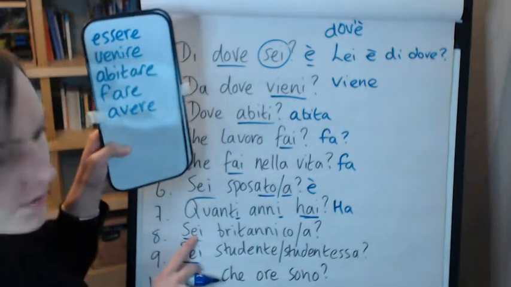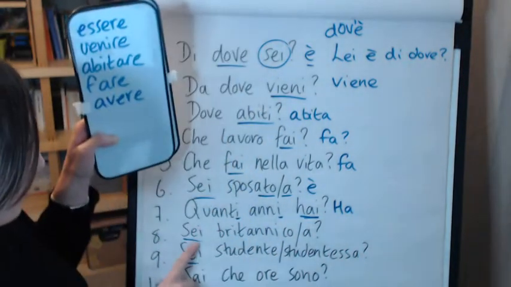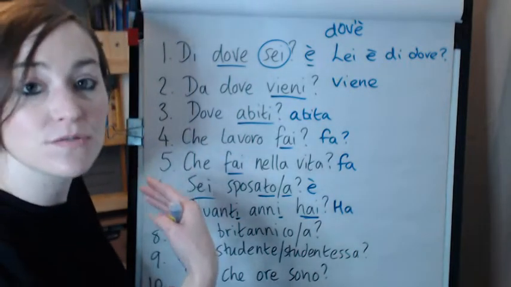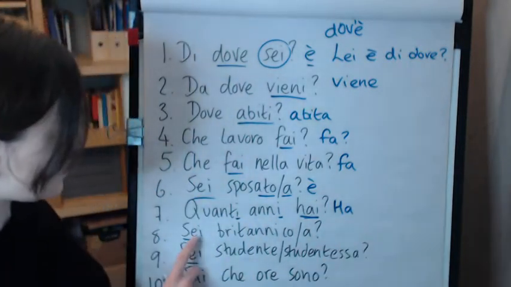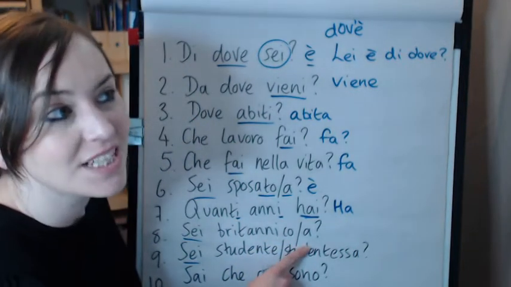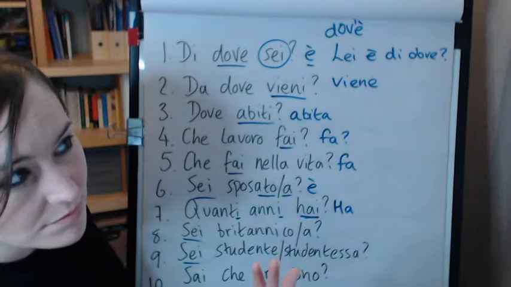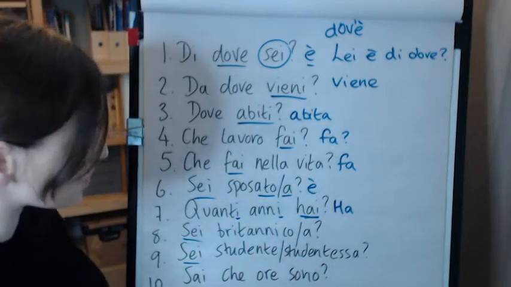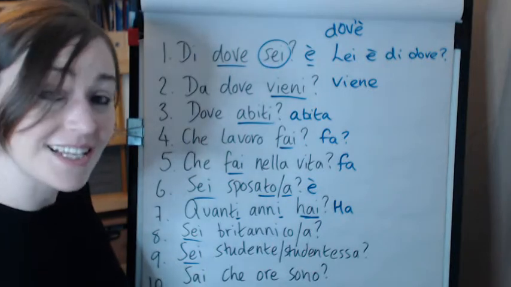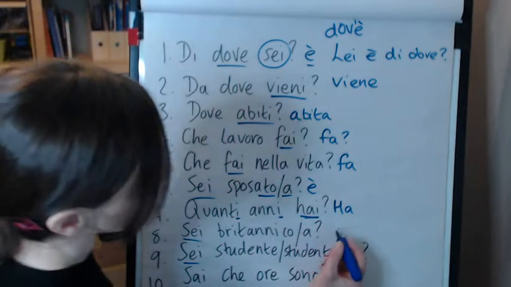Okay, let's have a look. The next one is essere again. So anything that should be sei in the tu form goes to è. Sei britannico, sei britannica. I mean, you probably wouldn't say that, but it's just an example. You could change it to tedesco, tedesca.